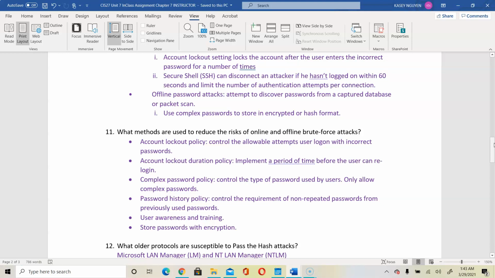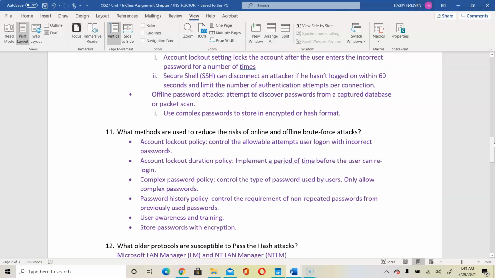The account lockout duration policy should be used with the first option. We would implement a period of time before the user can log in again, such as 30 minutes, an hour, or 24 hours. That way it will buy us time to investigate that account.